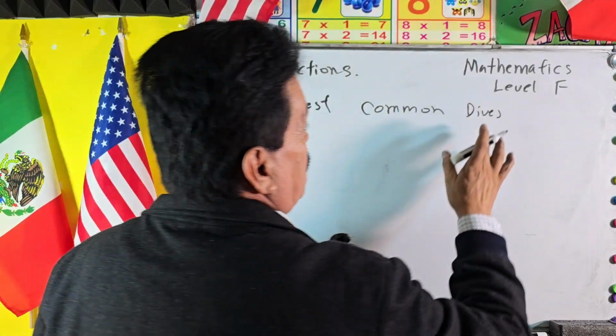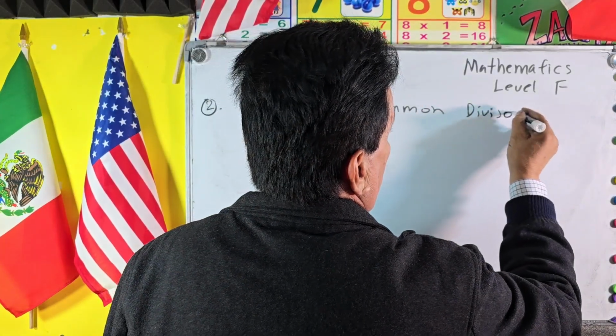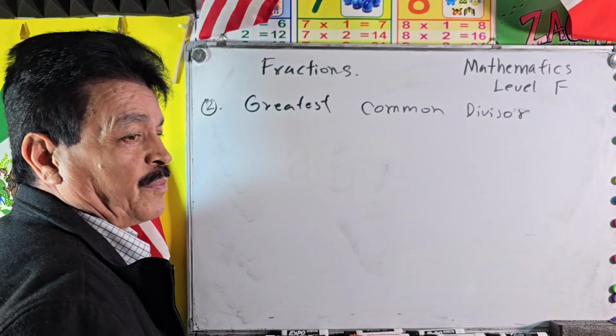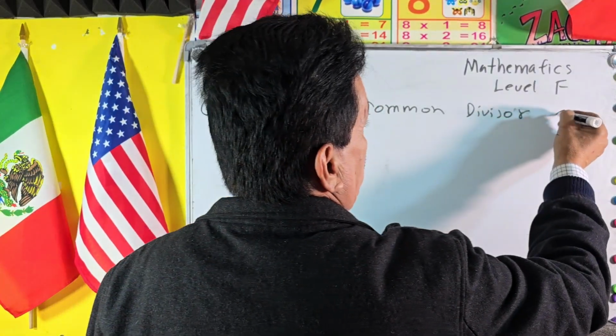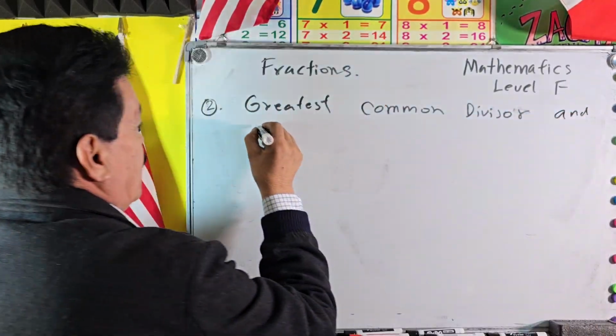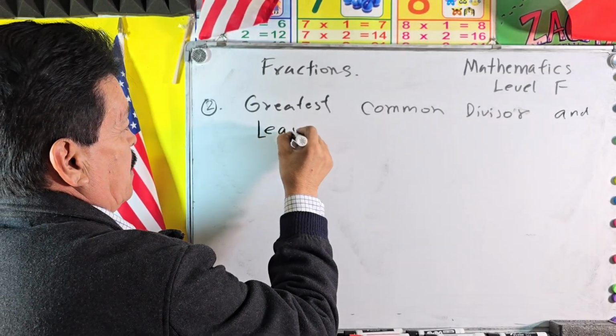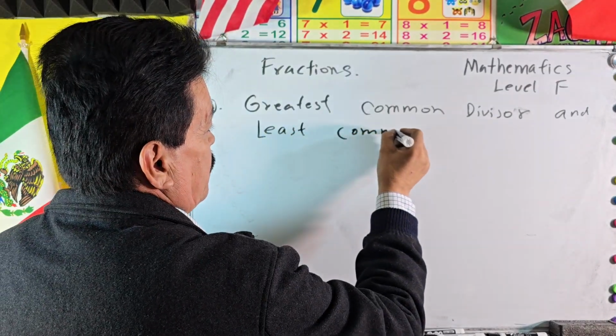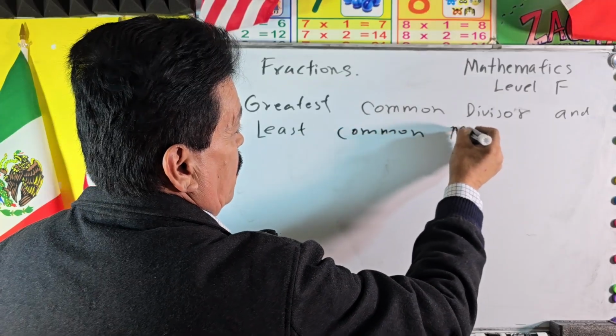The common divisor, and the least common multiple.